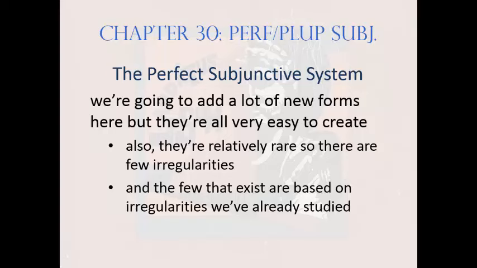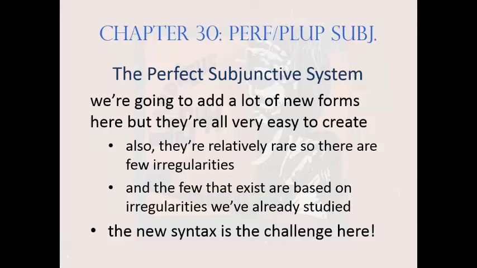The upshot is, for all the new forms here, this chapter offers a bit of a breather from new formation, or for those of you who didn't learn these forms the first time, an excellent opportunity to catch up. What's going to be the challenge in this chapter is not formation, but syntax. That is, the way words work together. So let's get the easy part over with first.